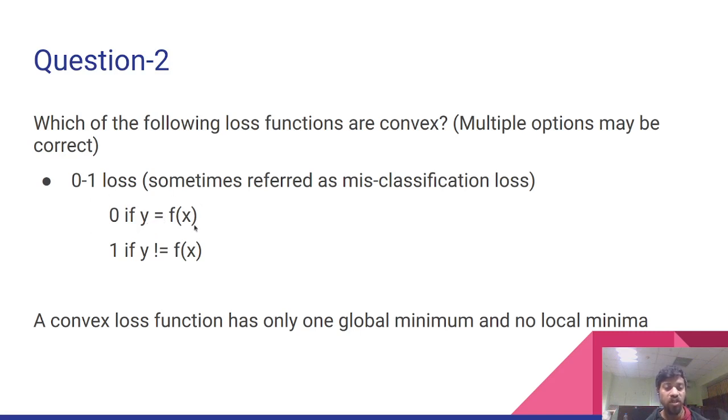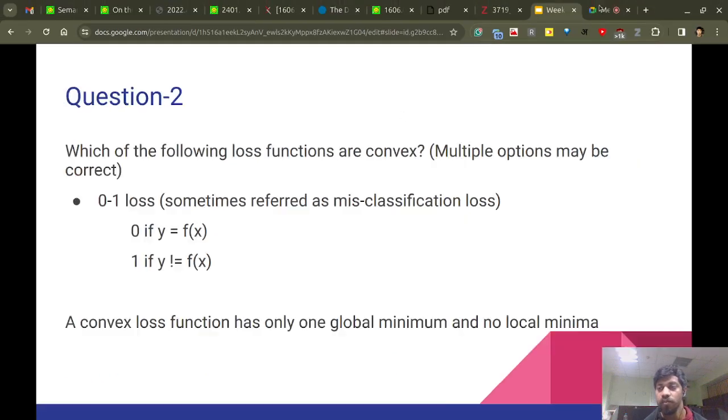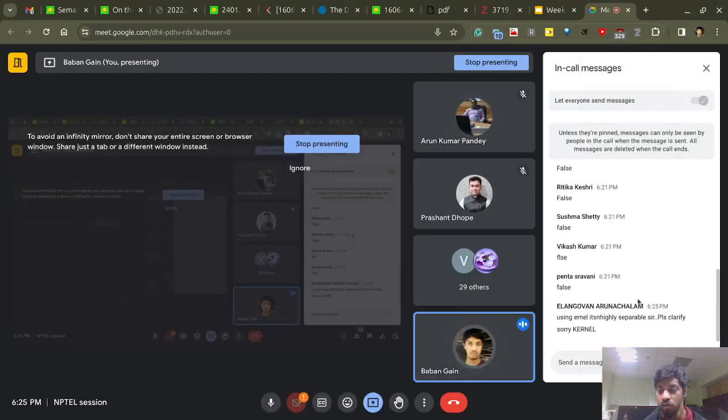If the model output is correct as the gold label, the reference, then the loss is 0, and if it is different, then the loss is 1. So is it convex or not convex? Write in the comment box.